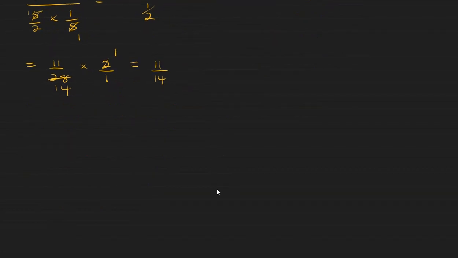Next, we're going on to example number 11. And the question is 3 and 3 over 4 all over 2 and 1 over 3 minus 5 on 6.